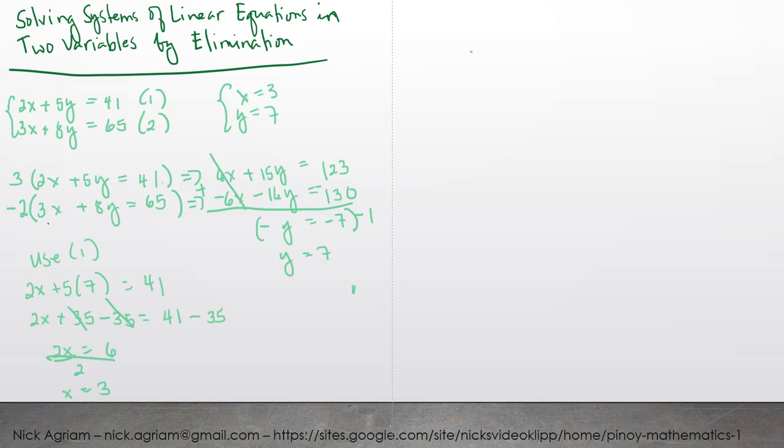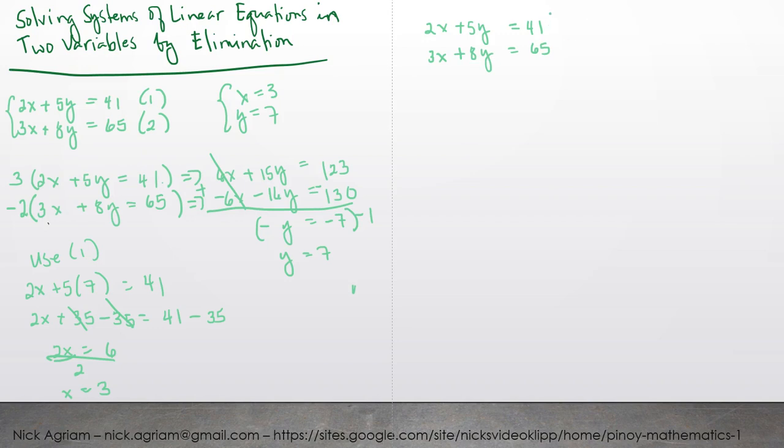But as I've said, I can also eliminate y. So we're going to eliminate y. We have 2x plus 5y is equal to 41, and we have 3x plus 8y is equal to 65. As you can see here, 5 and 8 will meet at 40.